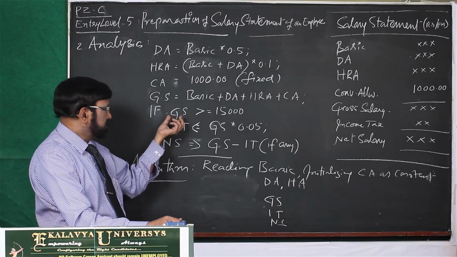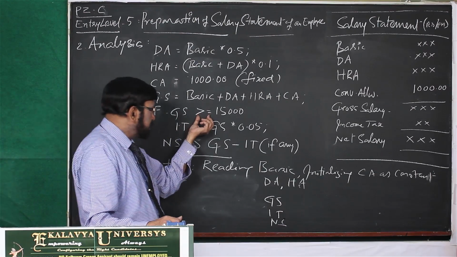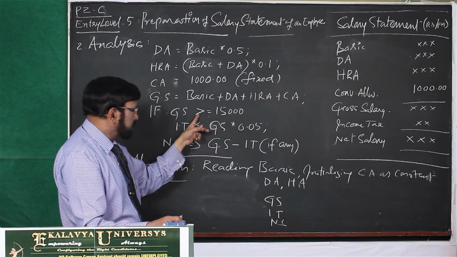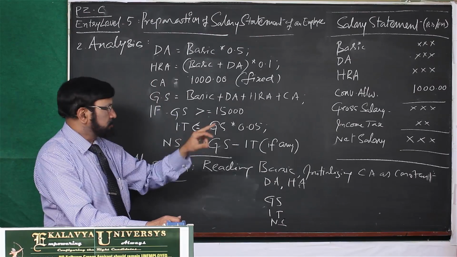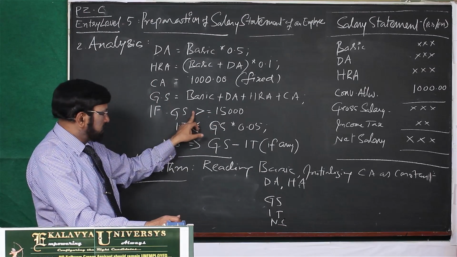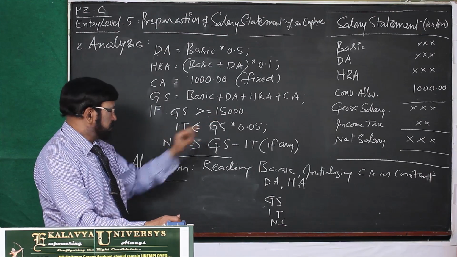What is the condition for income tax? Gross salary is greater than or equal to 15,000. Don't confuse, one who gets 15,000 rupees per month also income tax is applicable. That's why you have to use the greater than or equal to symbol for 15,000.